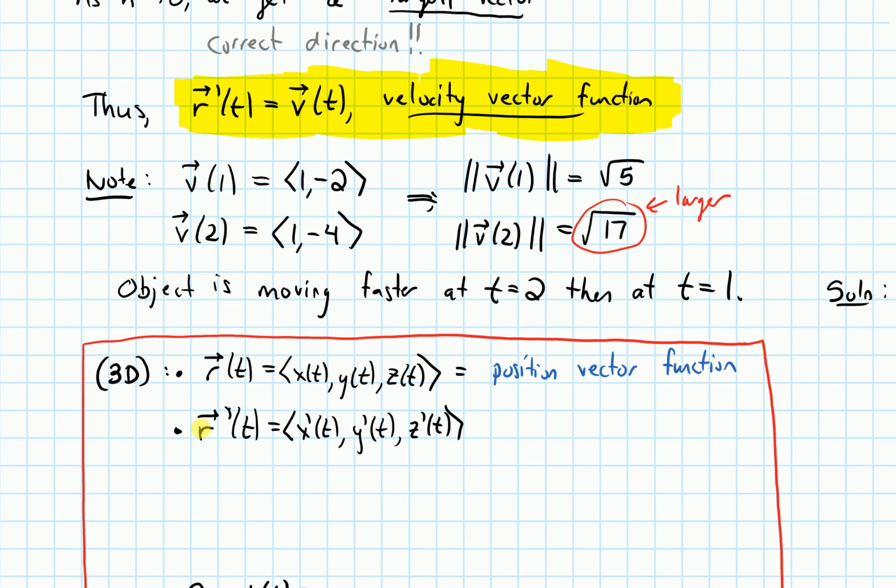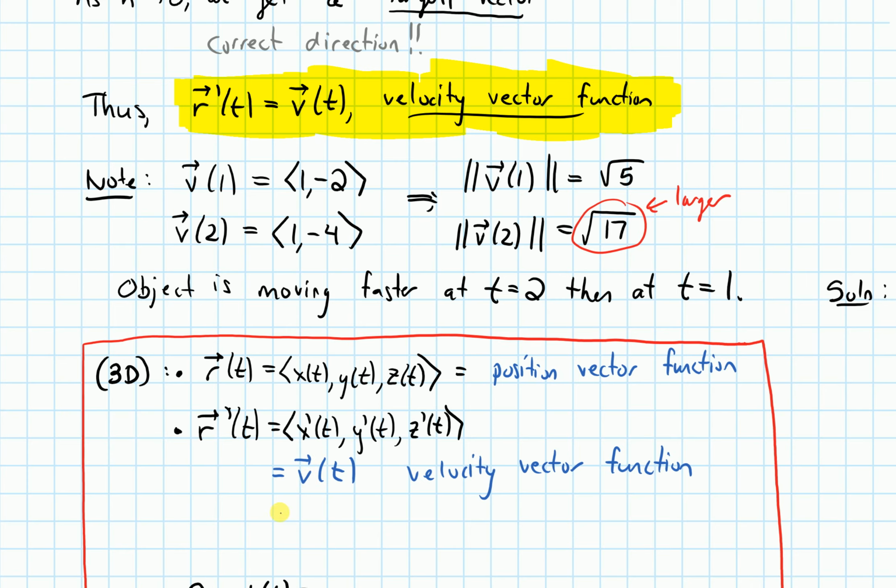When we take the derivative of that position function, r prime of t, to do that computationally, we just take the derivative of each component. So we get <x prime of t, y prime of t, z prime of t>. That equals v of t, which is the velocity vector function. So the derivative of the position vector function is v of t, the velocity vector function.